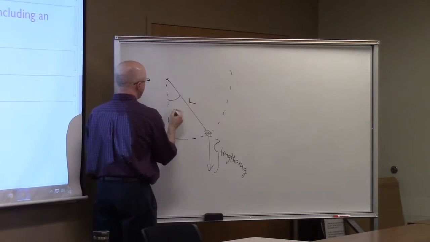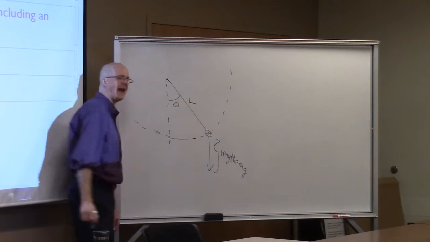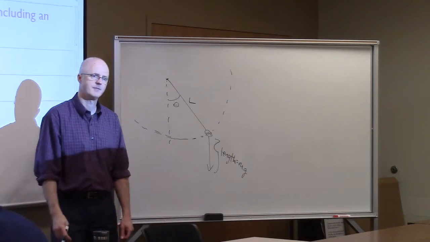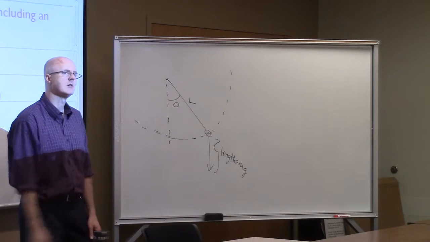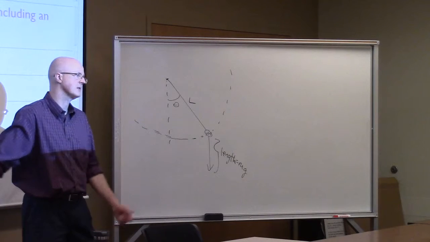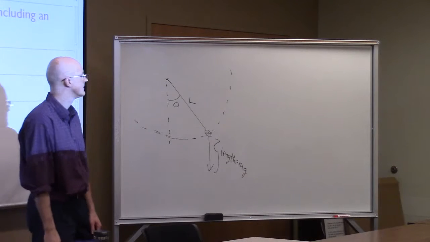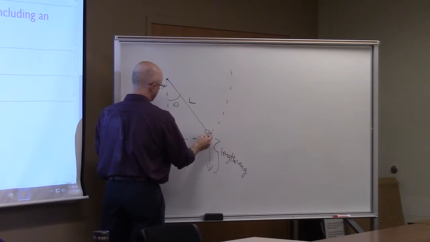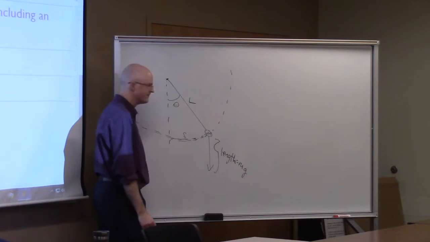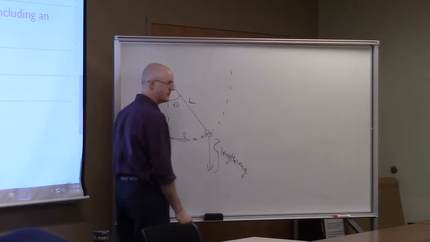What we're interested in actually here is how the angle changes over time. That's what we're interested in. How does the angle change over time? Because the angle completely determines the motion. Let's call this length right here S. Let's draw some other triangles in here.